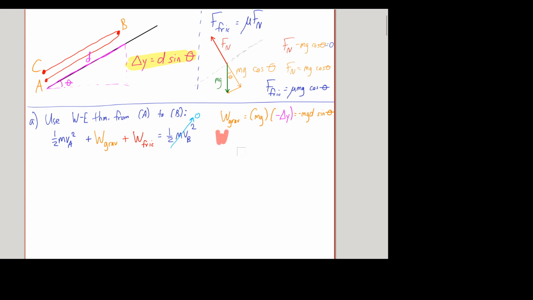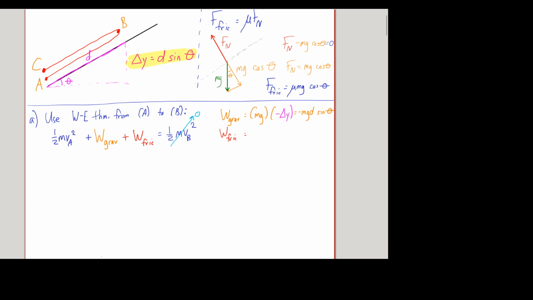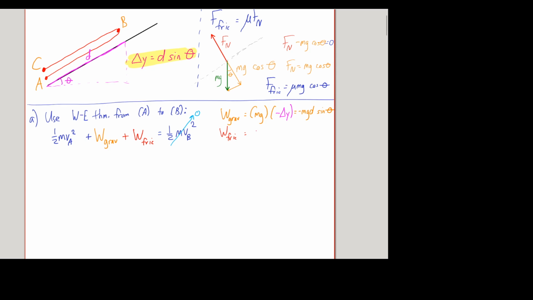The work done by friction, that's going to be the force of friction times the distance moved. Here, friction is exactly opposite the distance moved, the displacement. So that just gives me a minus sign, and this is going to be the force of friction, mu mg cosine theta multiplied by minus d.